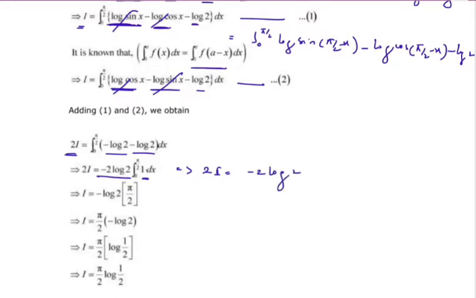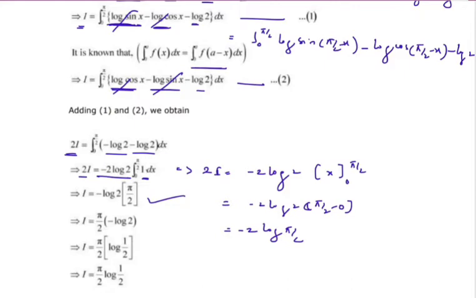Inside we get x from 0 to pi by 2. So minus 2 log 2, which is equal to what we get here, pi by 2 minus 0. So finally minus 2 log 2 times pi by 2. Taking these 2 on the LHS, the 2 gets cancelled, only minus log 2 times pi by 2.